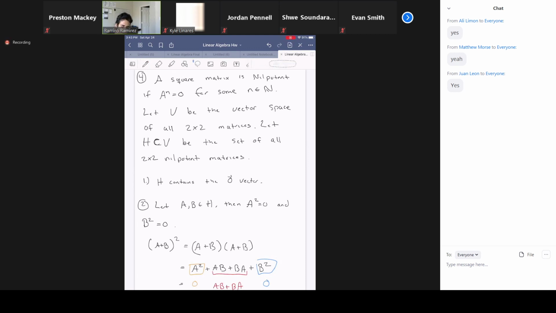This already tells me that it isn't closed. I just took an example and it showed that it's not closed. So not closed for sure.